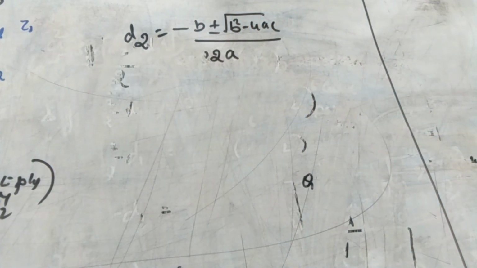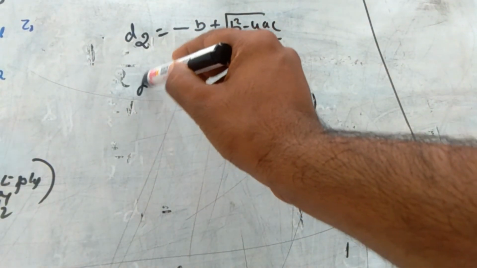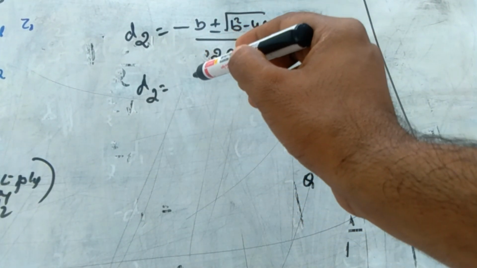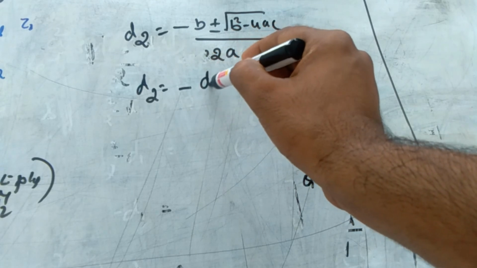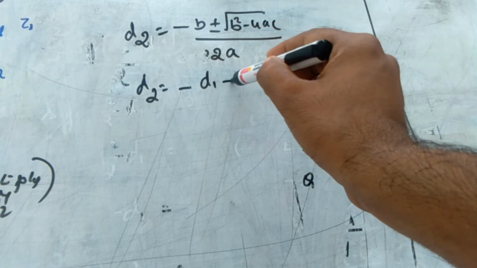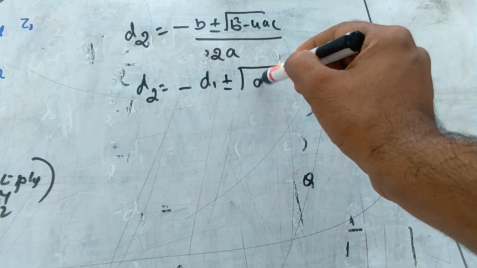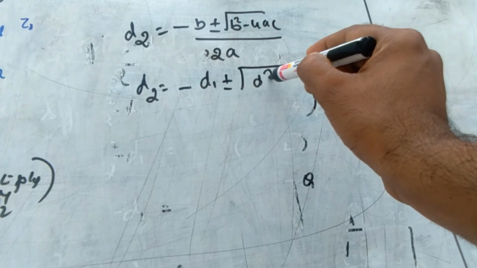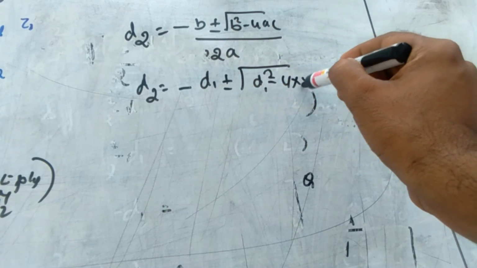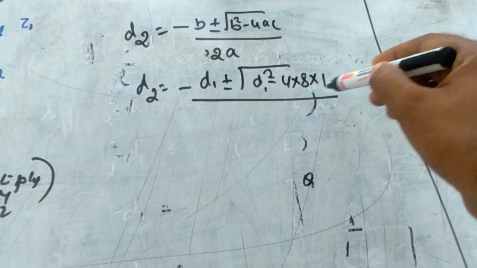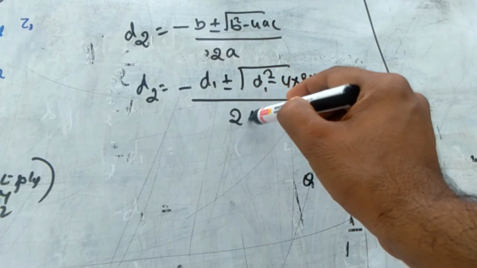So d2 is equal to minus d1 plus or minus root of d1 square minus 4 into 1 into (minus 2q square by g d1), divided by 2 into 1.